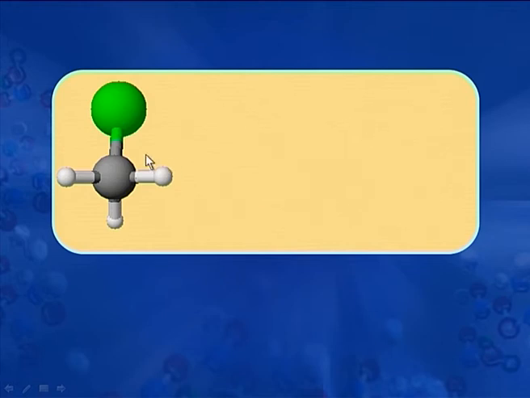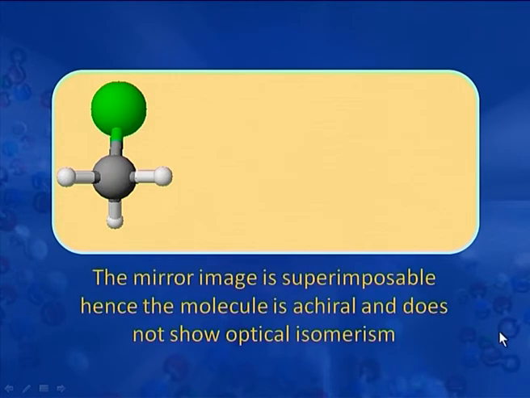And what we find? We find that this is exactly superimposed over the original molecule. It means the mirror image is superimposable, hence the molecule is achiral, and it does not show optical isomerism, because we said earlier that for a molecule to show optical isomerism, chirality is required.